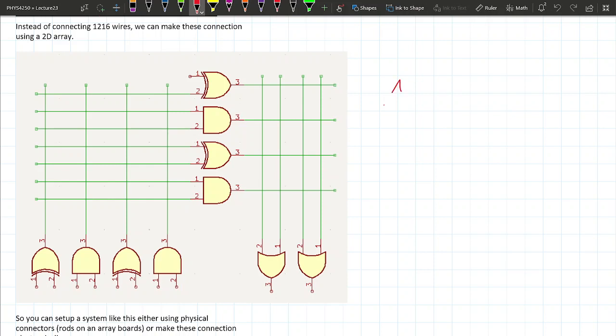Say we have a number A, where the ones place is A0 and the twos place is A1, and then the number B, where the ones place is represented by B0 and the twos place by B1.